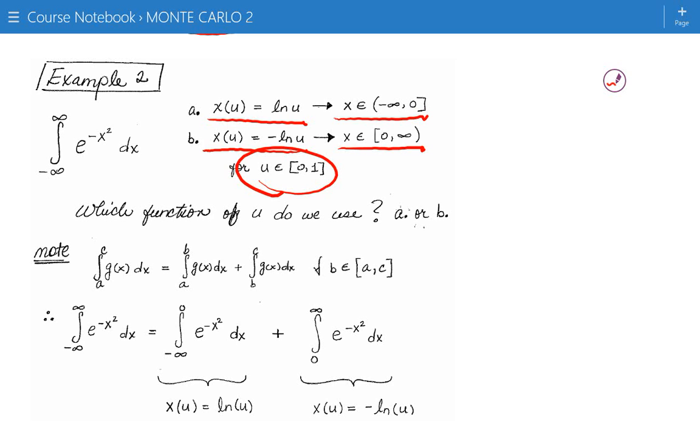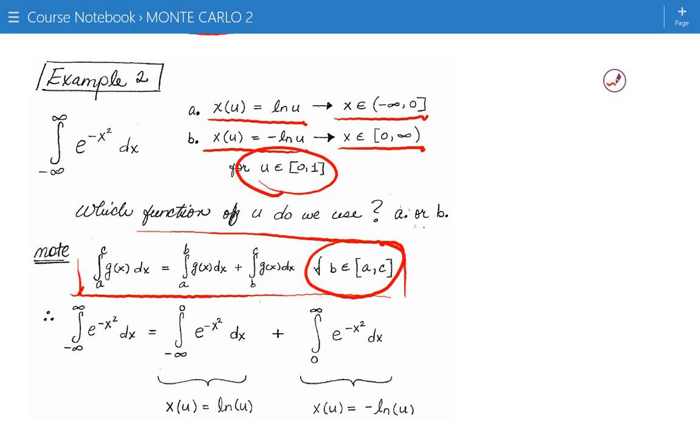But if we remember in calculus, right here, we can break up the integral. For any point b in the interval from a to c, we can break up the integral from a to c to equal the integral from a to b, and then add to it the integral from b to c.